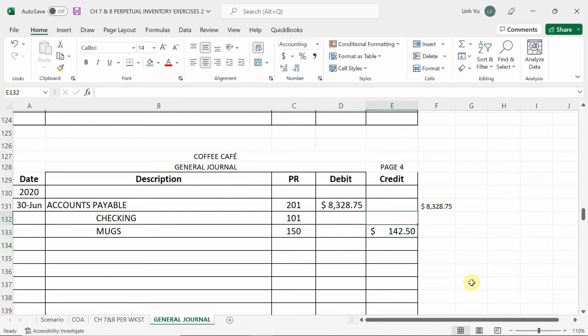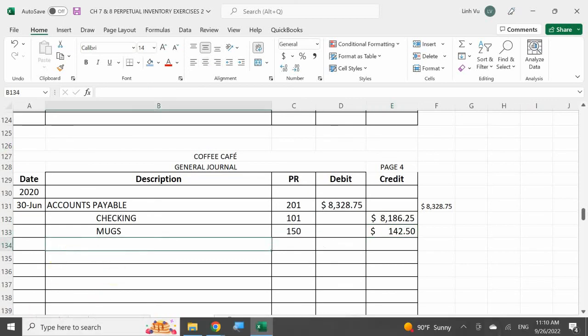Okay, $142.50. So therefore, how much money am I actually going to pay my vendor? How much is my check going to be written out for? $8,186.25. Good. Right?